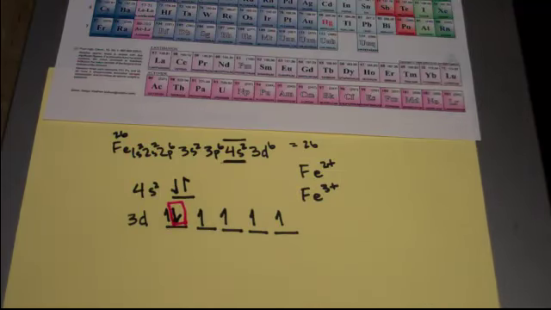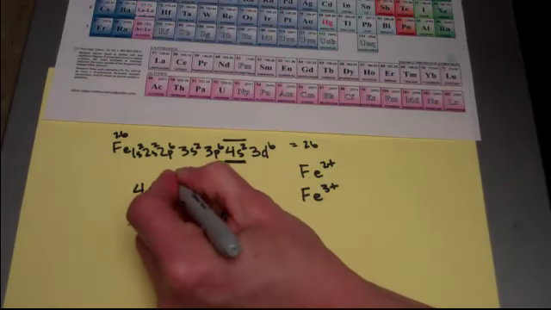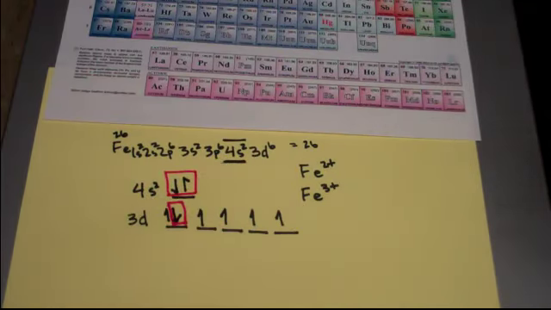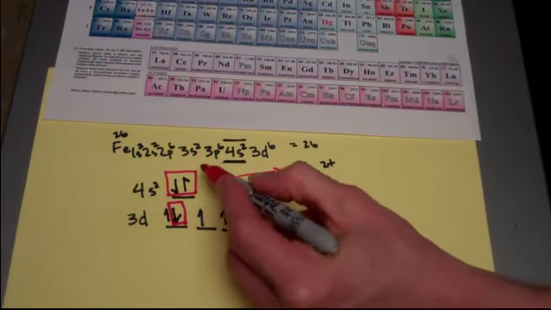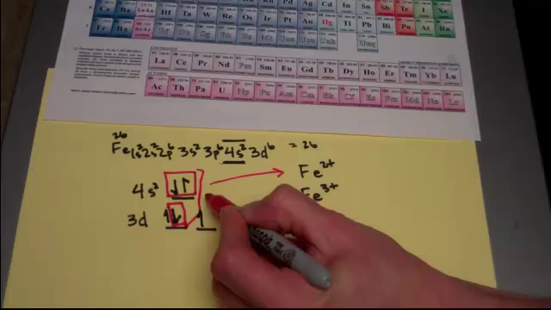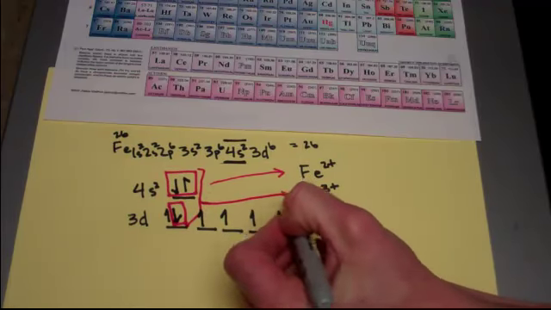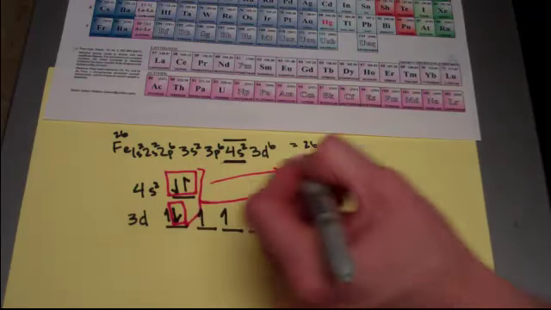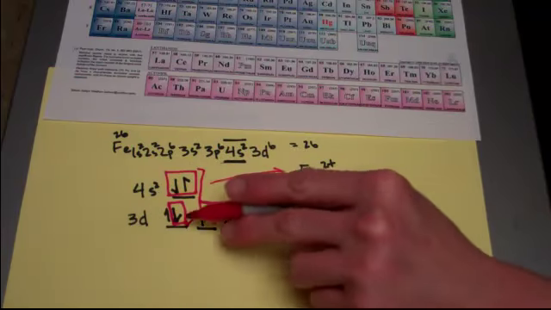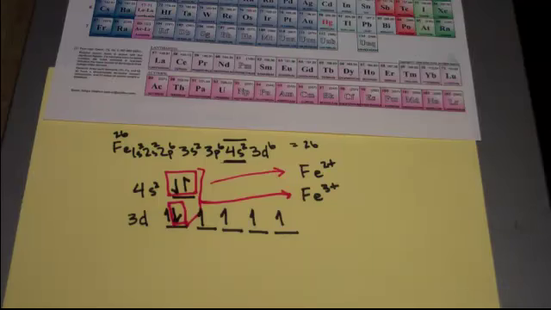So the 2 electrons in the valence shell from the s orbital can come off and form this state, or all 3 of these can be lost. If all 3 of these are lost, you can get this state up here. So you're either going to get just the 4s2 and the 2+ state, or that paired one in the 3d subshell can also come off and give you iron 3+.